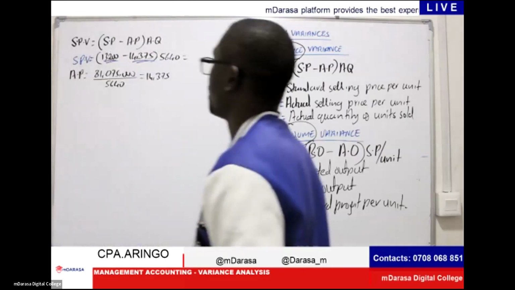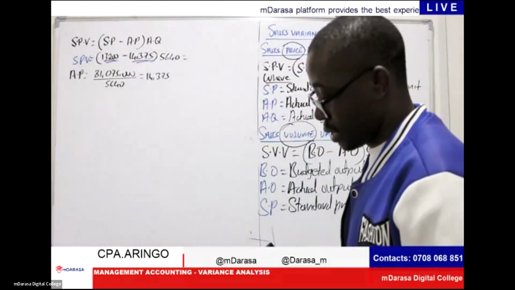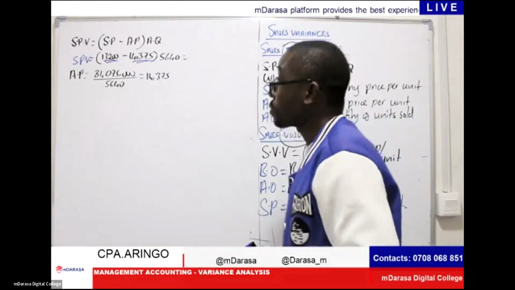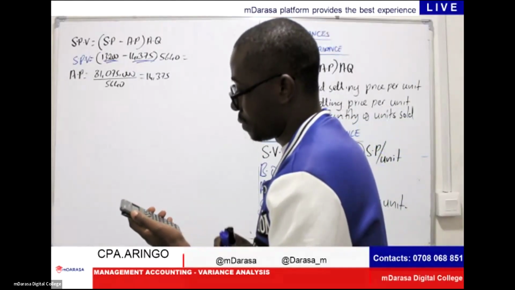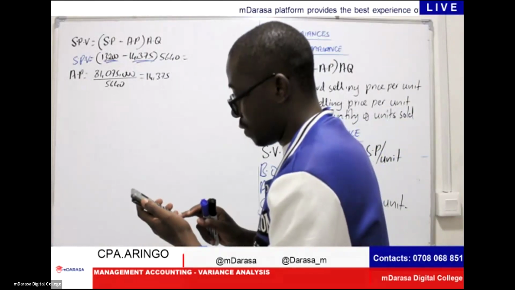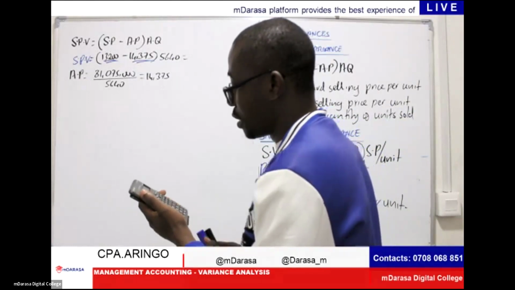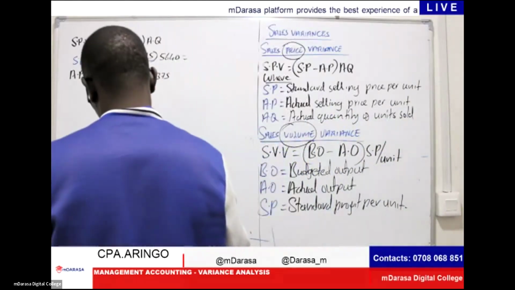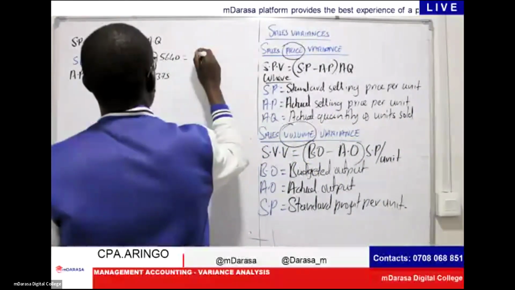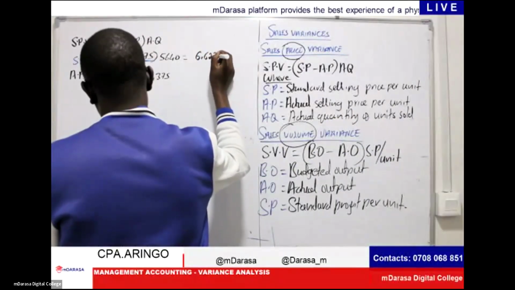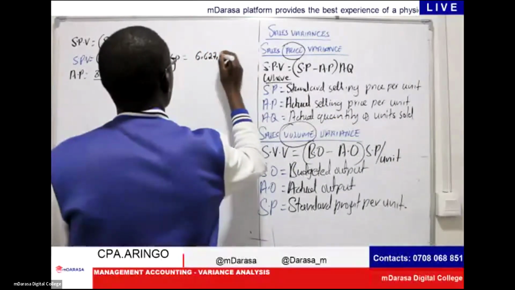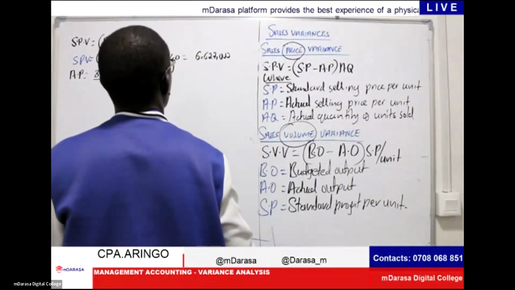Yeah, this difference is in favor of us. So therefore we take 13,200 minus the answer times 5640. This will give us a variance of 627, and this is what?